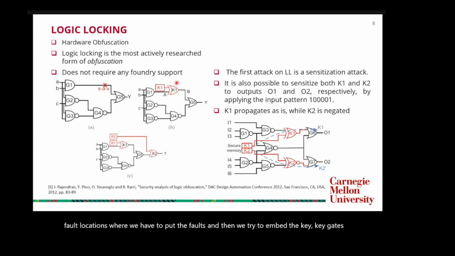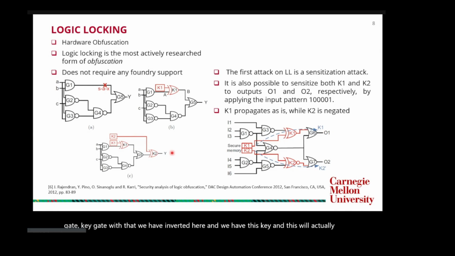If we embed the key gate here, it is actually injecting the fault in the circuit. Now we have to cancel this fault, and we have another key gate embedded here with this key, and this will actually cancel this stuck-at fault, and then we get the correct output. So this is called fault logic locking.